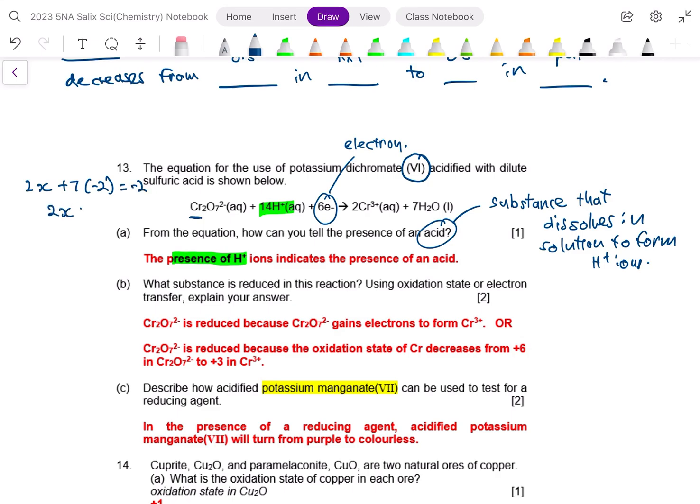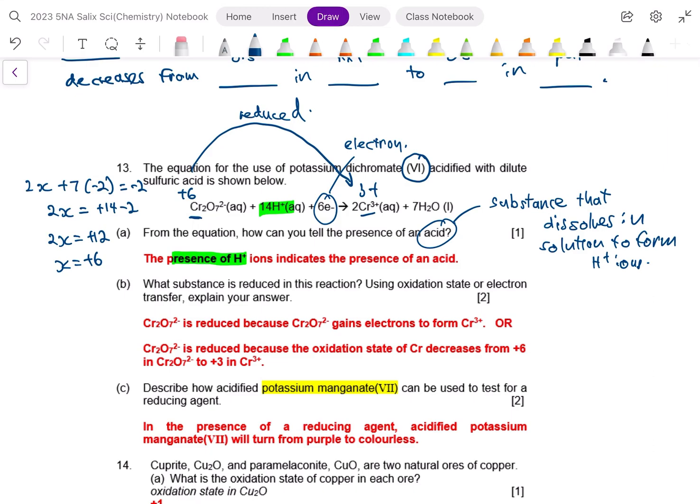So 2x equals +14 - 2, 2x equals +12, x equals +6. So literally potassium dichromate is +6. Then over here is 3+. So it's clear to us this is the one that is being reduced.